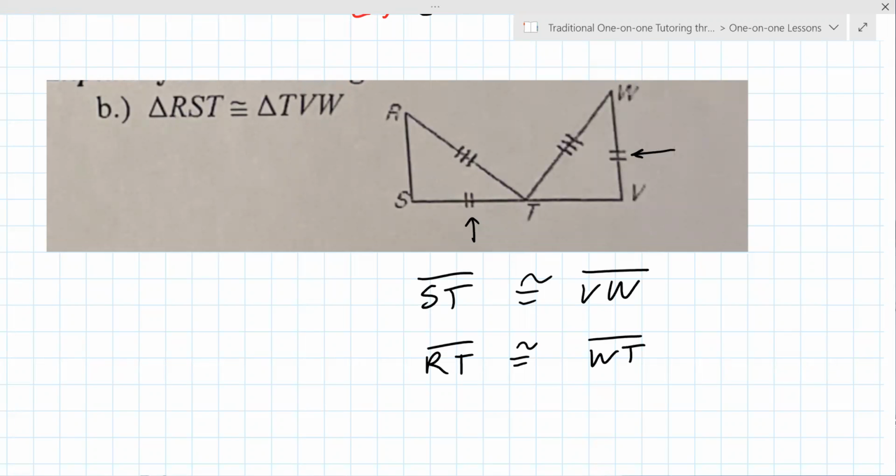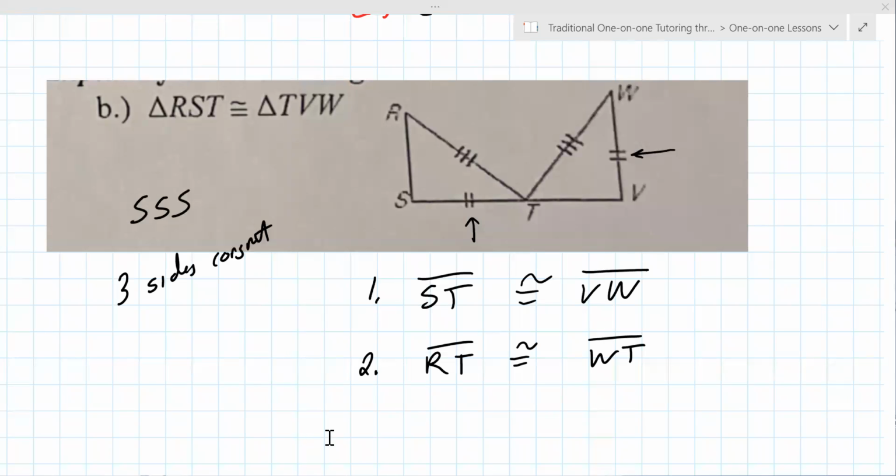Okay, and now for this one, my question to you is how many sides are congruent here? 2. And side, side, side requires you to have 3 sides congruent. Do you have 3 sides that are congruent?